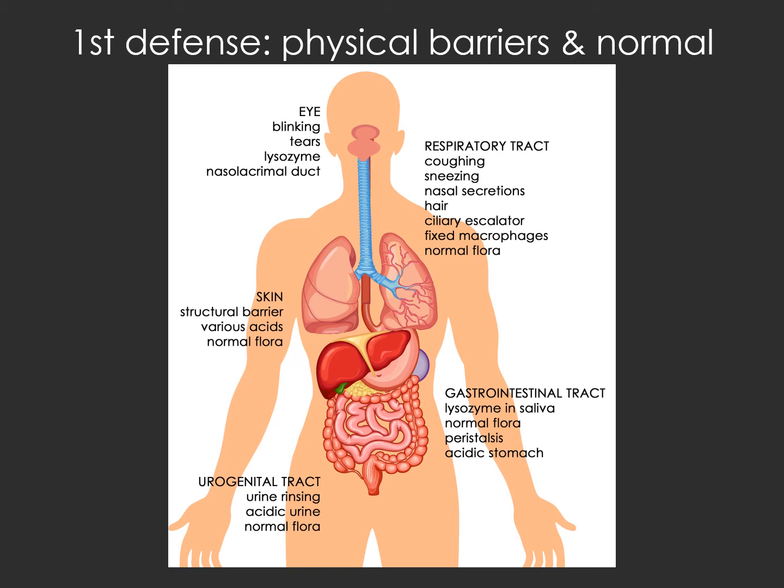In addition to that, urine is typically acidic, which, as you know, makes it difficult for mesophilic organisms to survive, let alone grow.